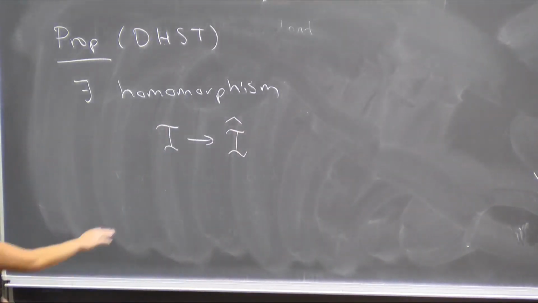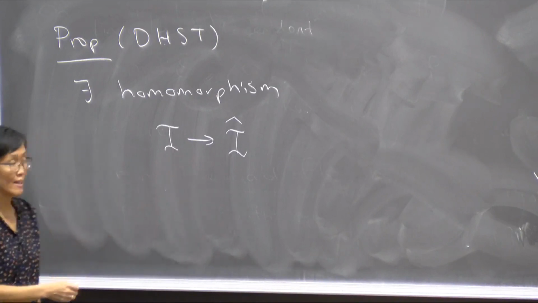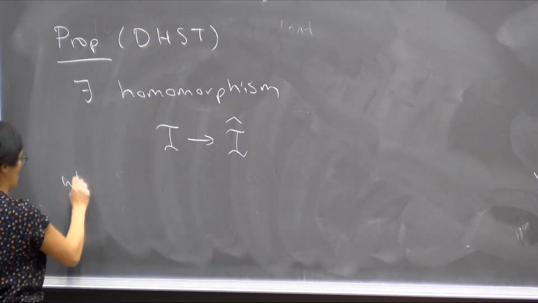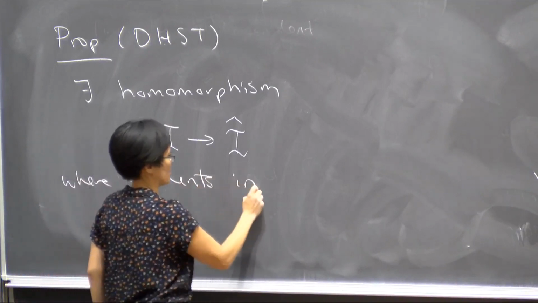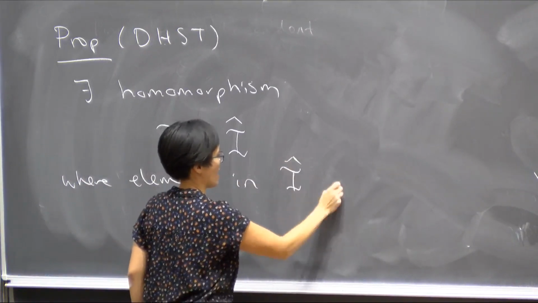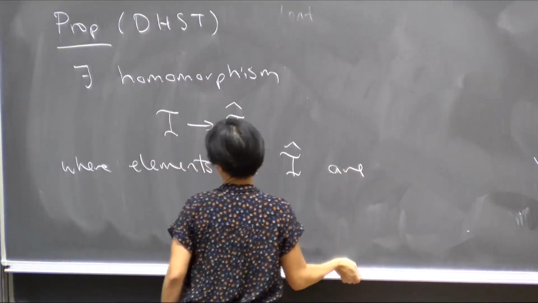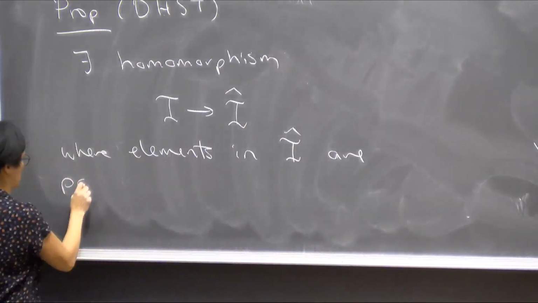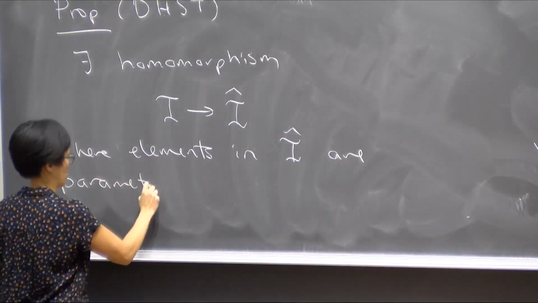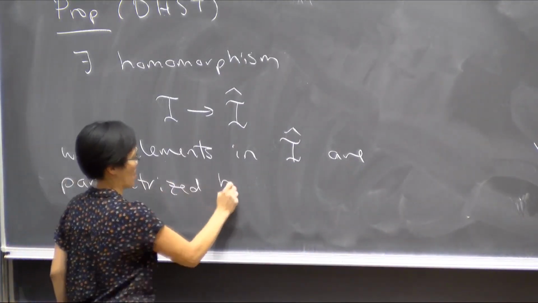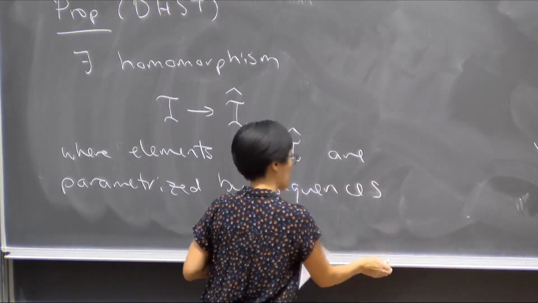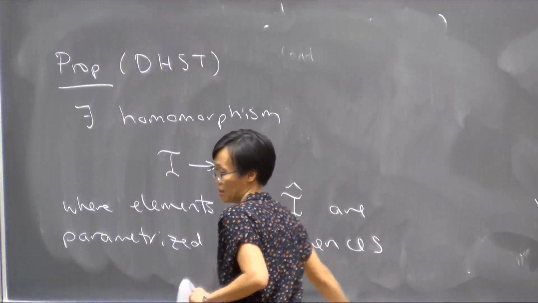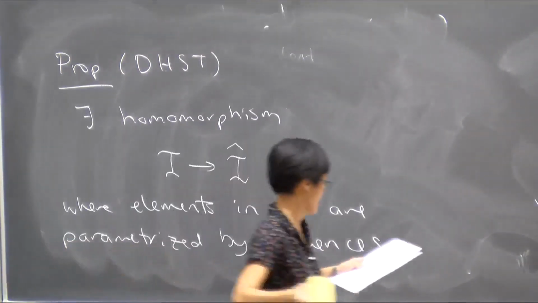As a set, I can tell you exactly what I hat is. Elements in I hat are parametrized by sequences. What kinds of sequences?